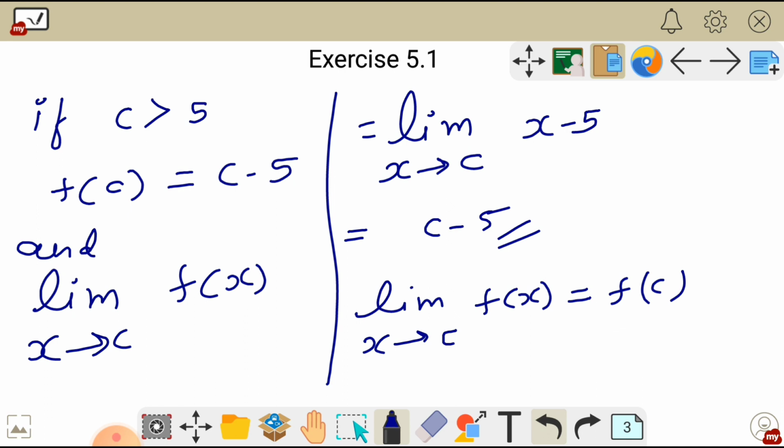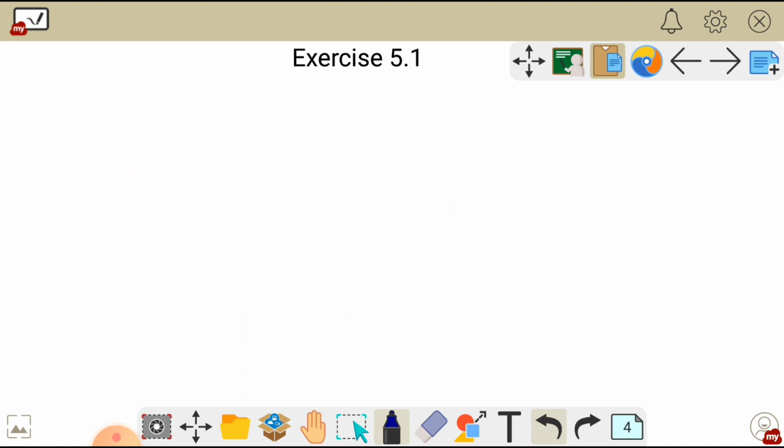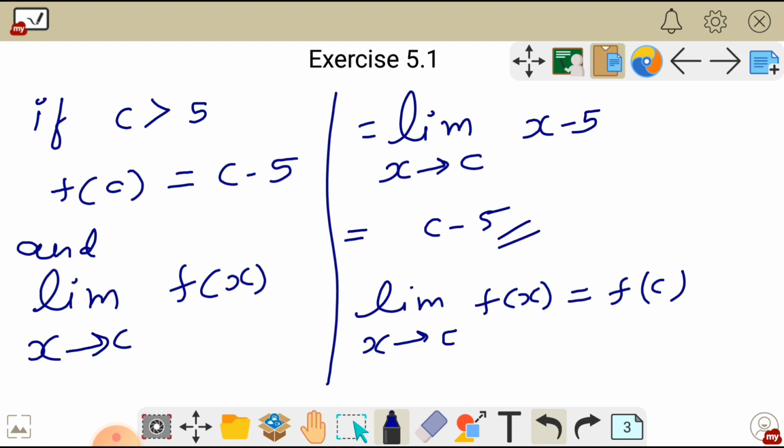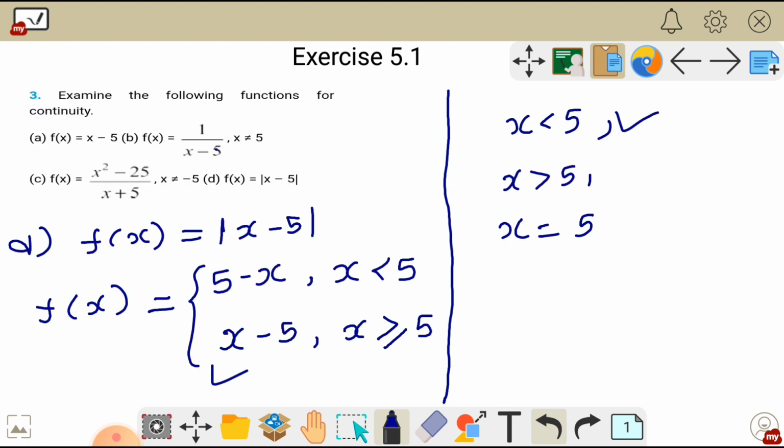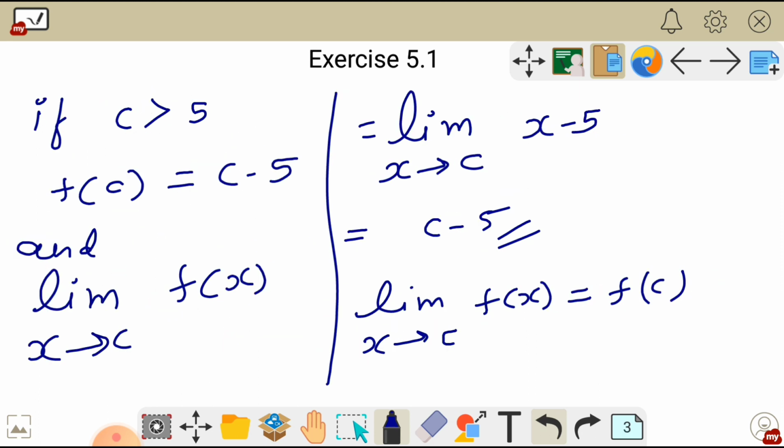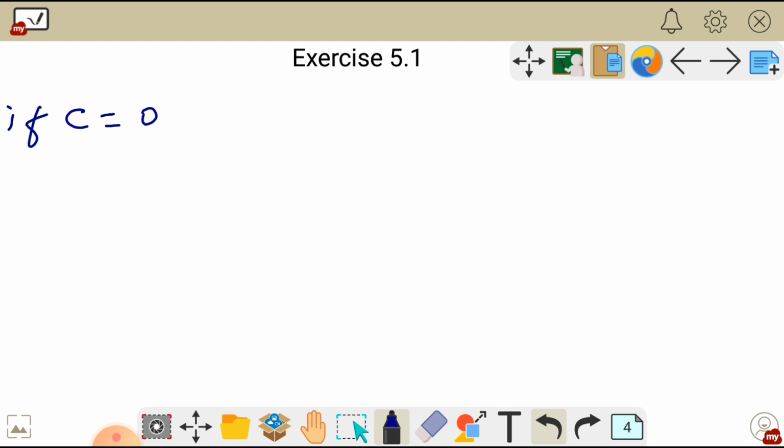Now what if c is equal to 5? First of all, at c equal to 5, what will be our function? Sorry, not 0, we have to write it 5.